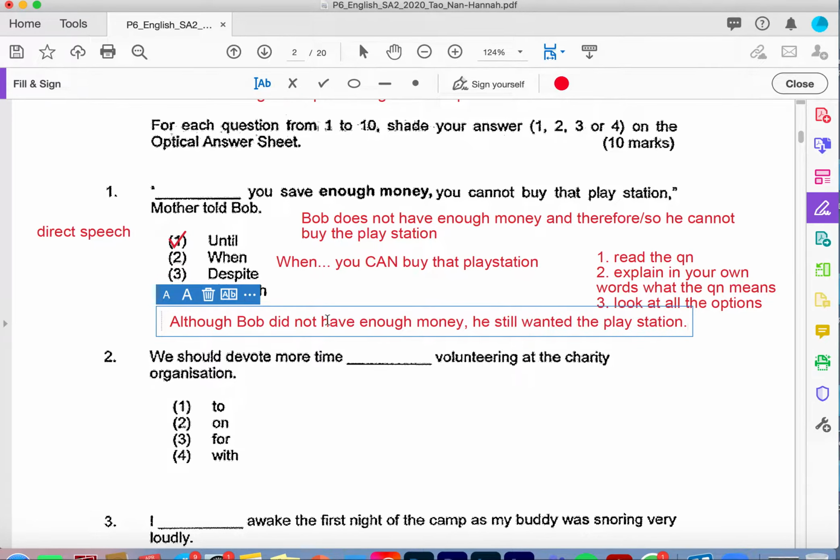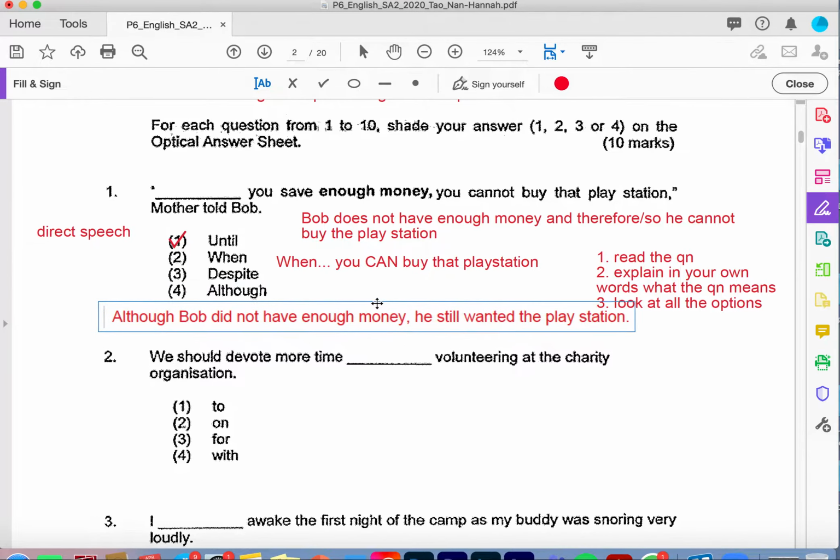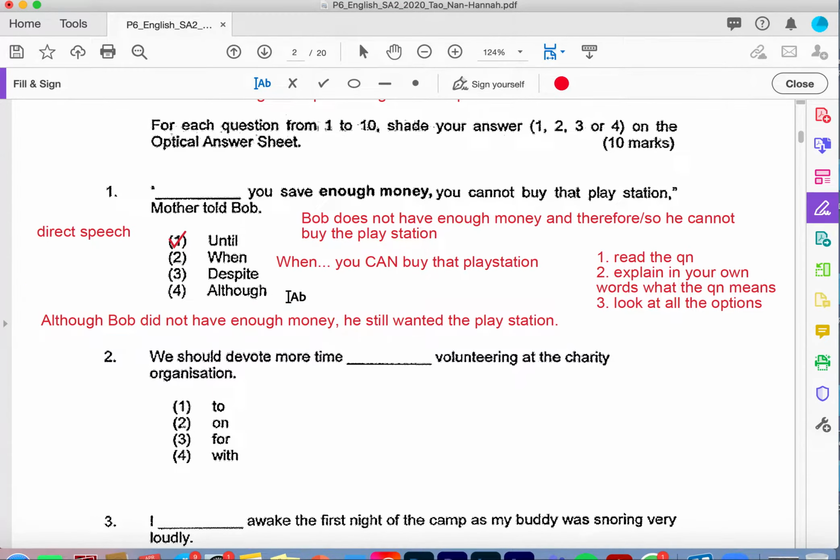It's a little bit contradictory, but this is the negative, bad event, and this is the good event. Here we talk about how Bob does not have enough money, but he still wants the PlayStation, which means that he's not willing to give up on his goal. Hope that makes sense. That's how although would be used to describe this. Despite is similar, you could say something like, despite not having.